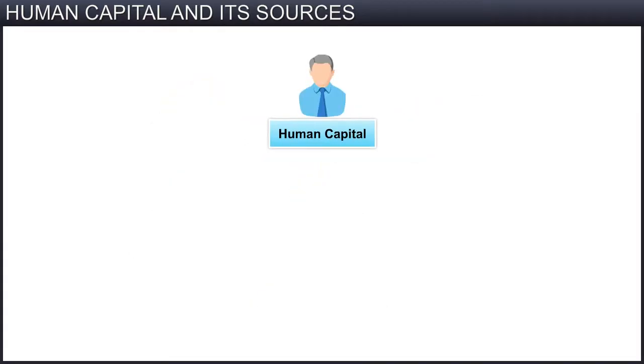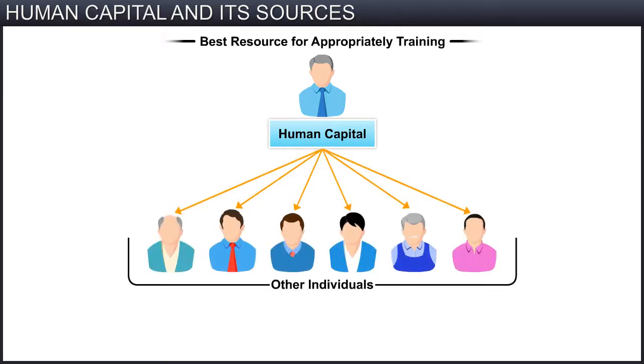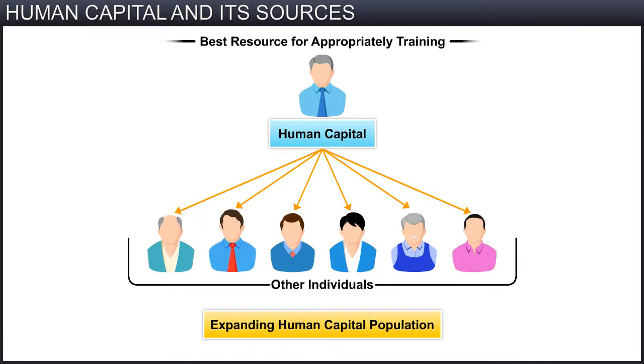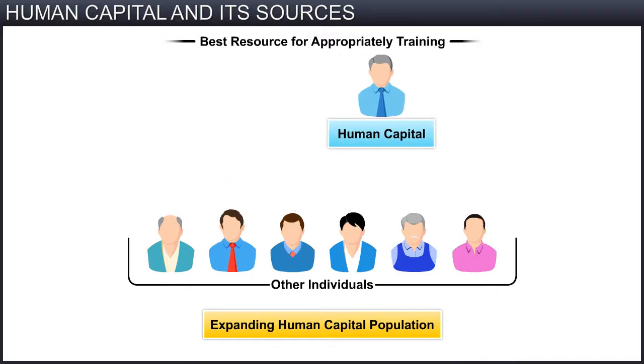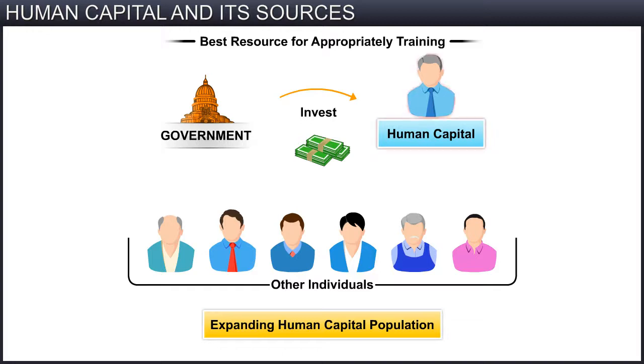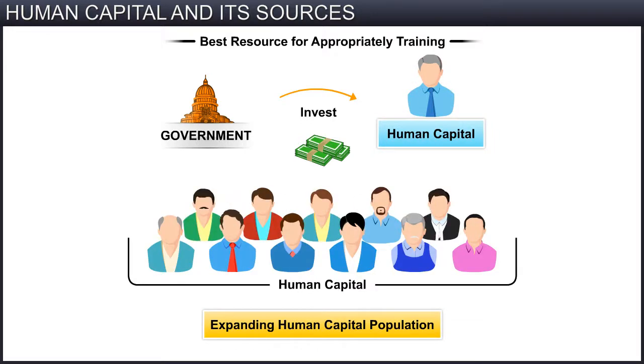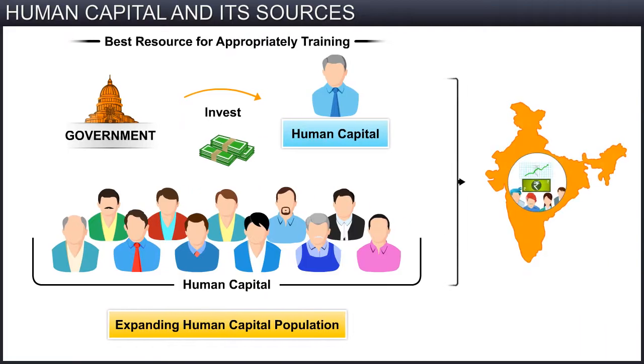Good human capital is the best resource for appropriately training other individuals, thereby expanding the human capital population. This is why the government should invest in human capital, in order to produce more human capital, ultimately strengthening economic growth in the country. Let us continue by comparing human capital with physical capital.